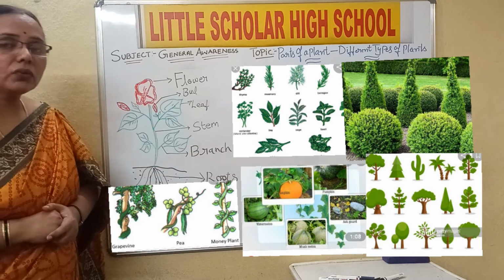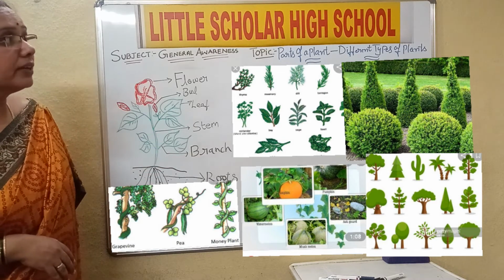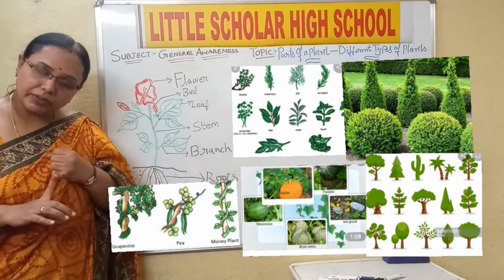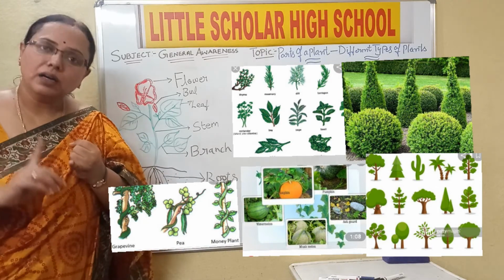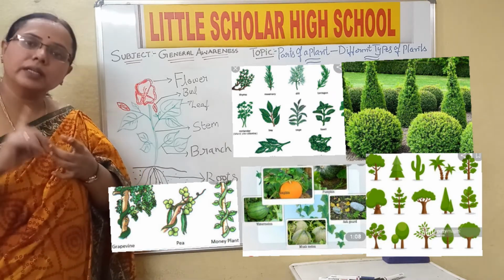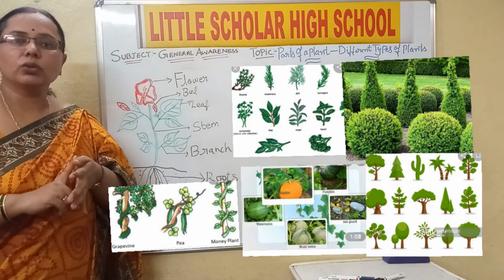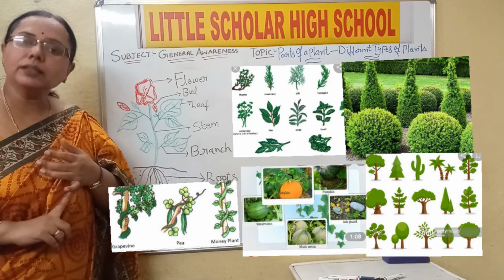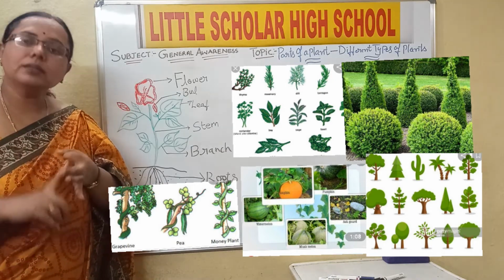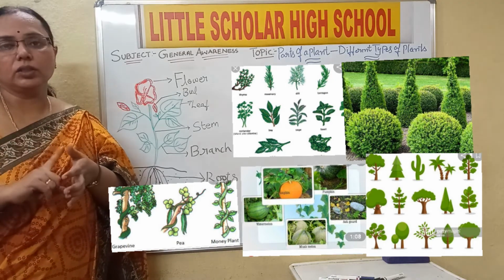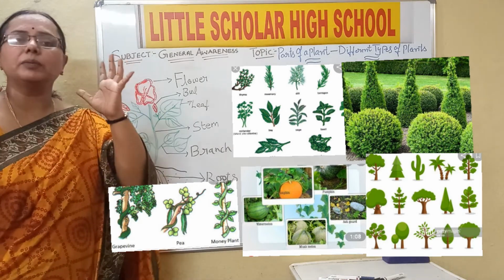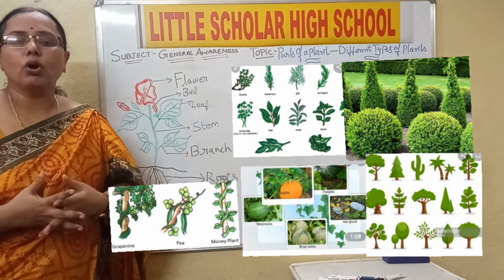Then we have learnt about the different types of plants: herbs, shrubs, climbers, creepers and trees. Trees are very big plants.